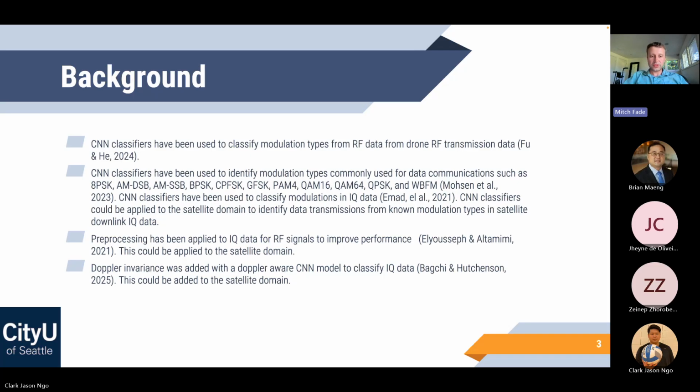And CNN classifiers have been used to classify modulations of IQ data. Pre-processing has been applied to the IQ data of RF signals to improve performance. And then Doppler invariance was added to a Doppler-aware CNN model to classify IQ data. Next slide.